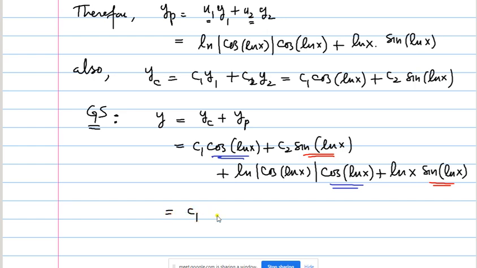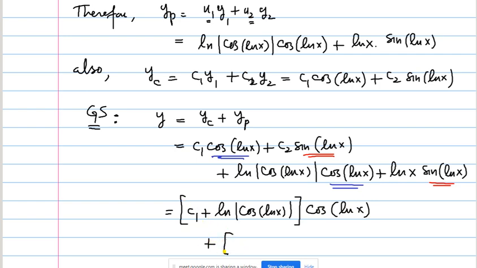So C1 from the first line plus log cosine log from the second line. If I take this common, I have cosine log of x outside, and if I take the other terms common, it gives me C2 plus log of x, with sine of log of x. So this should be the best answer, but if you stop here, it is fine.